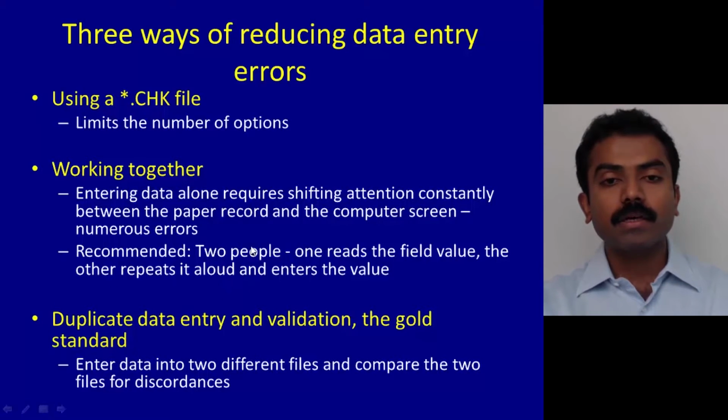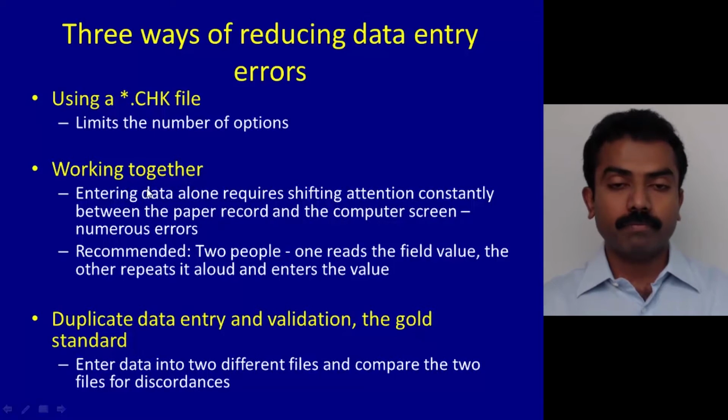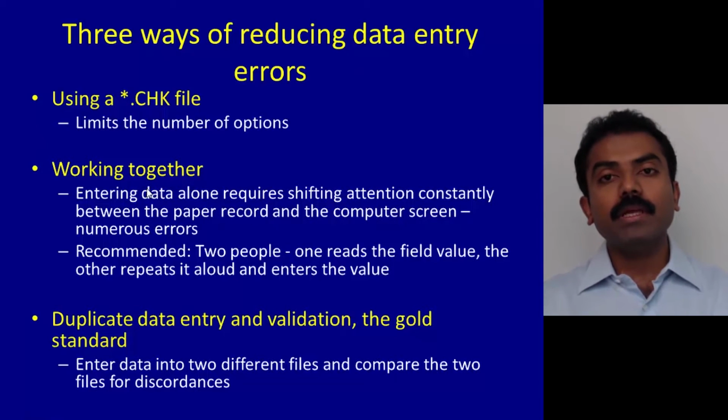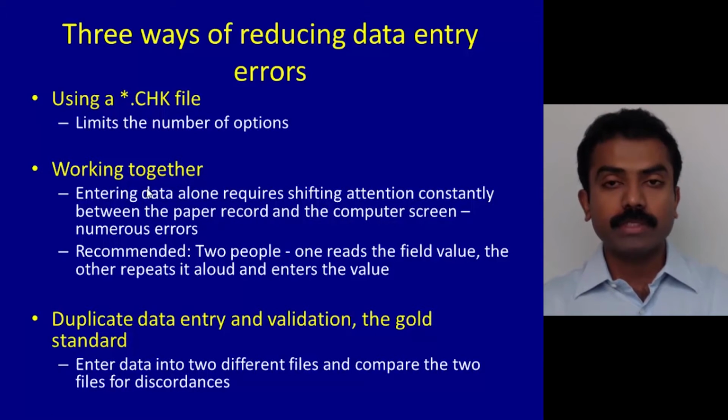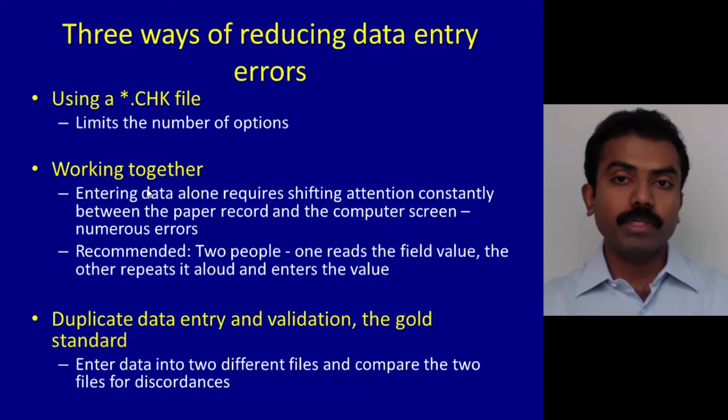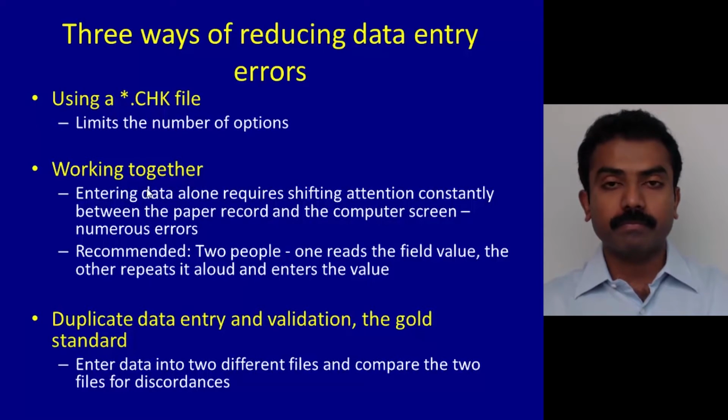The next step to reducing data entry error is to work together for data entry. Now, for example, even if we have made the check options, for example, in the age variable, we said the legal range is between 0 to 125.